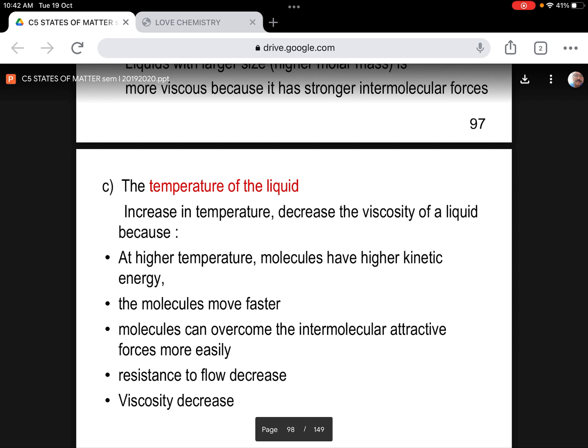That means the higher the temperature, the lower the viscosity, or the liquid becomes less viscous. Because at higher temperature, molecules have a higher kinetic energy, they move faster, they overcome the intermolecular forces easily, then the resistance to flow decreases and viscosity decreases as well.